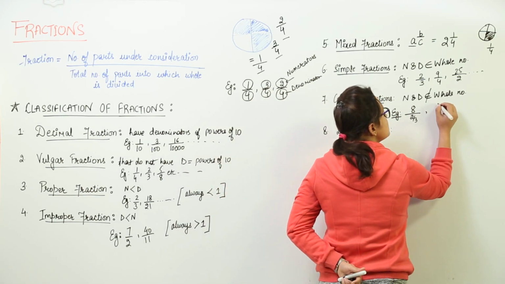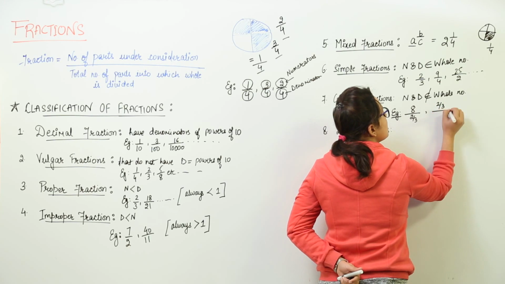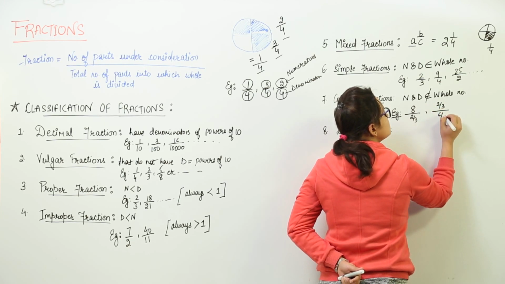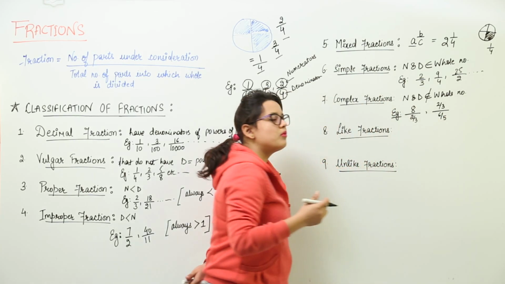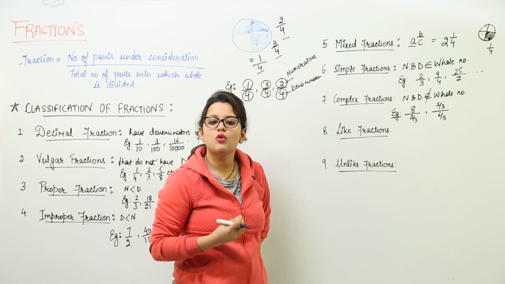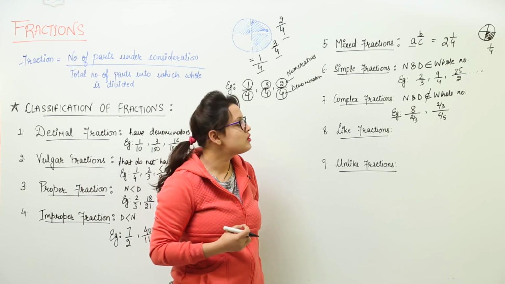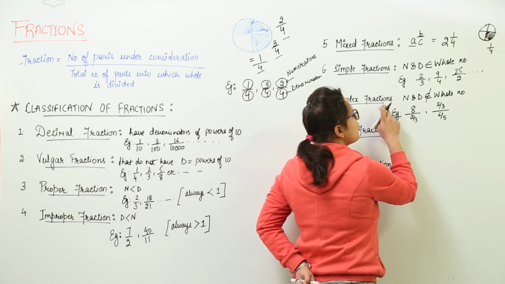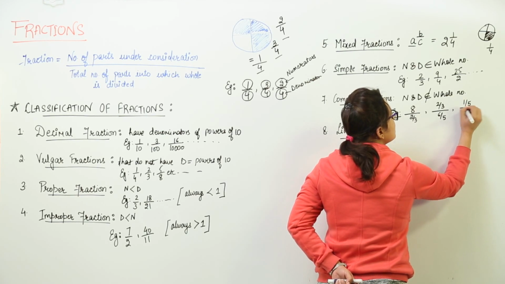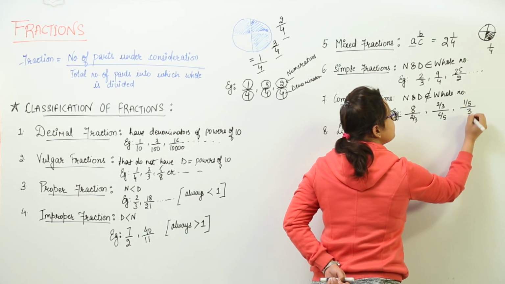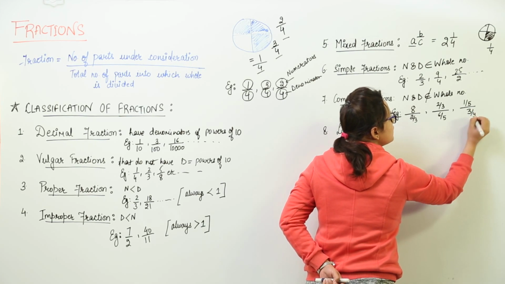We can have other examples also. Say 2 over 3 upon 6 by any number, you can say 5. Now here both numerator and denominator are not in the whole number representation, so we can say even this is a complex fraction. So on, we can have other examples like 1 by 5 whole upon 3 or 3 by 4, right?